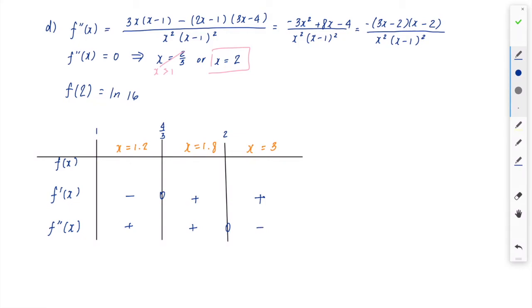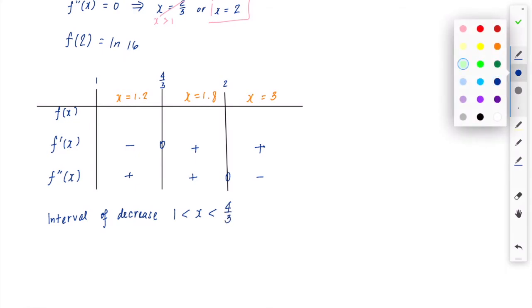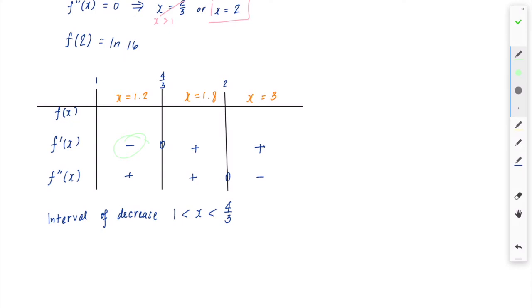Okay, so what does that mean? I notice that we have an interval of decrease between 1 to 4/3 because of the negative sign of f prime.